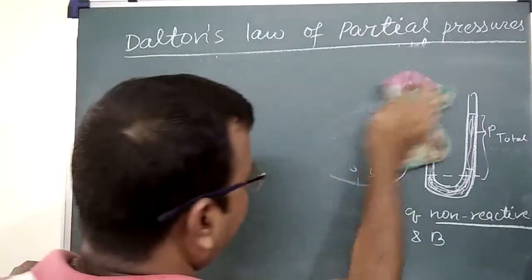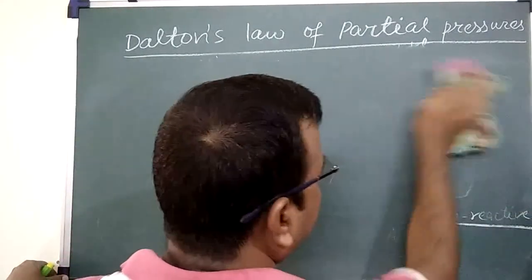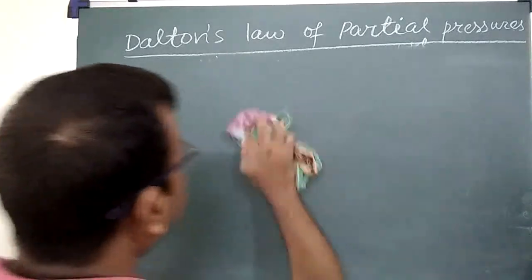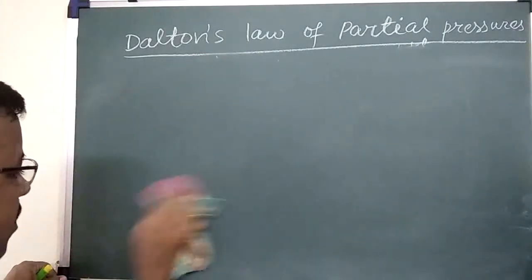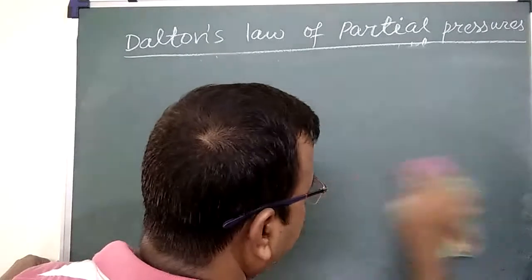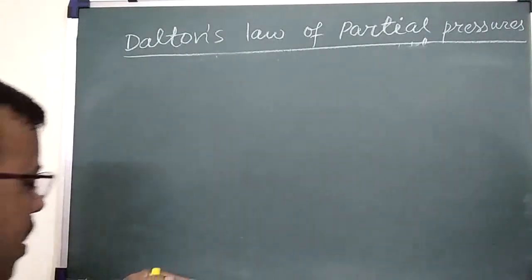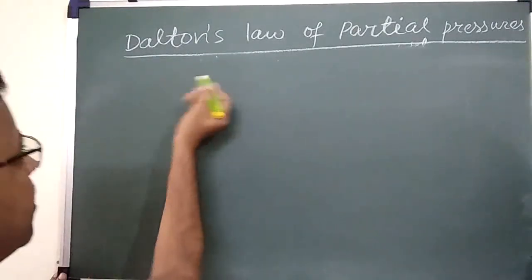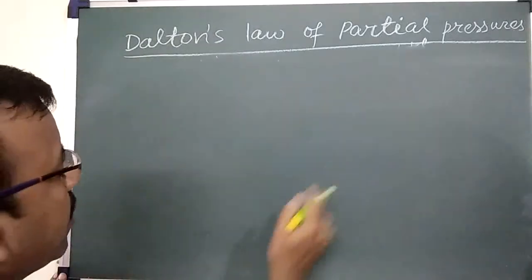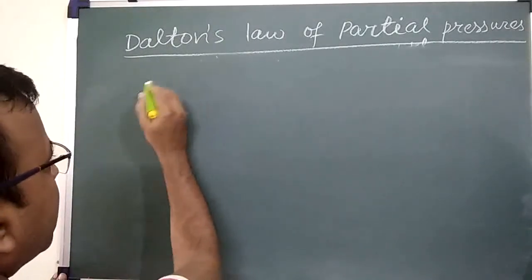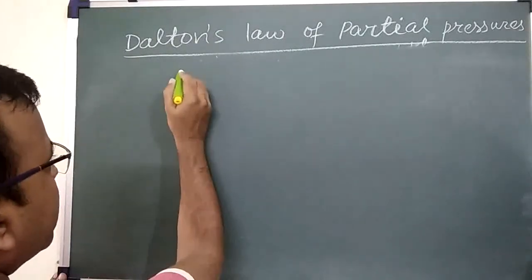Now this diagram will help you to understand Dalton's law of partial pressure in an easy way. Okay? Now we will mathematically derive, or mathematically express, Dalton's law of partial pressure.